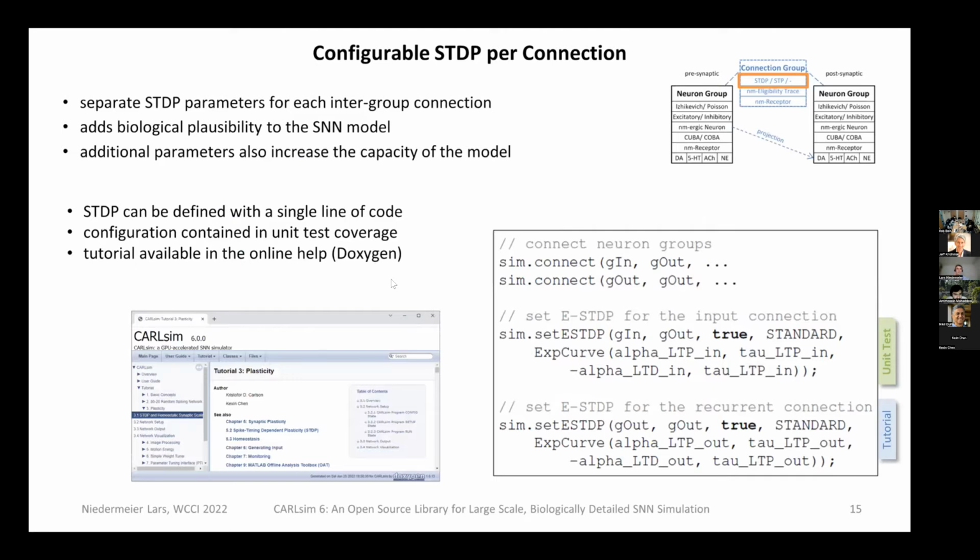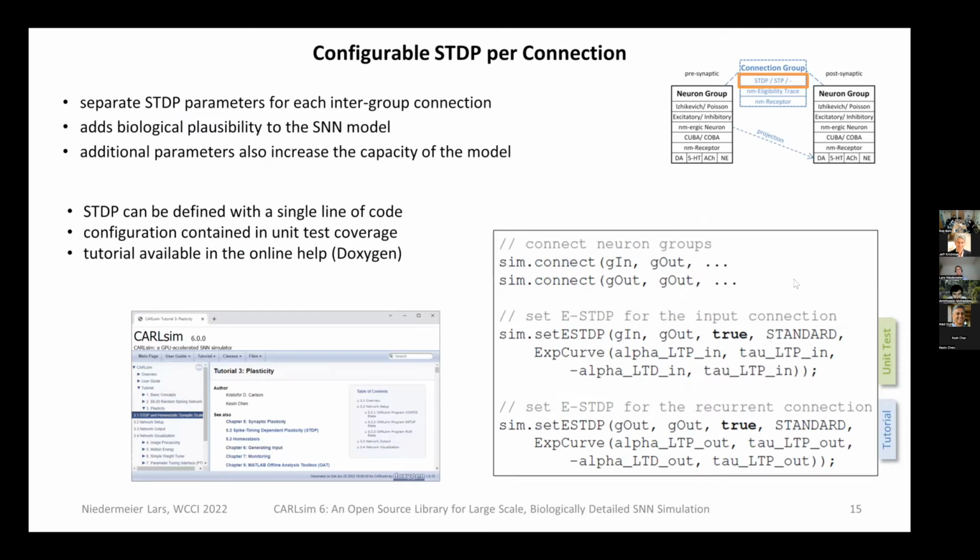So here's an illustration of how the new STDP configuration would work. We can look at the code on the bottom right corner. Here we have two neuron groups, an input group and an output group.